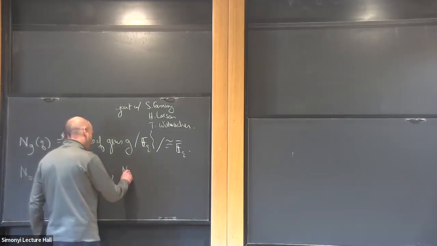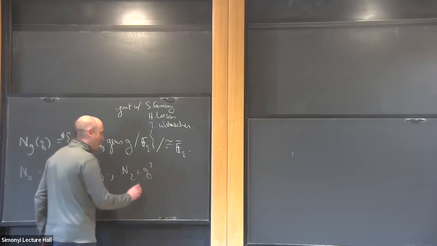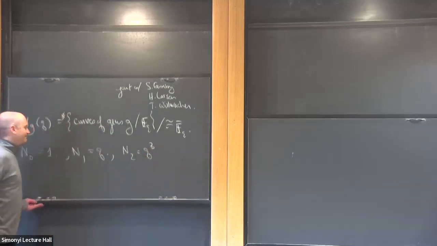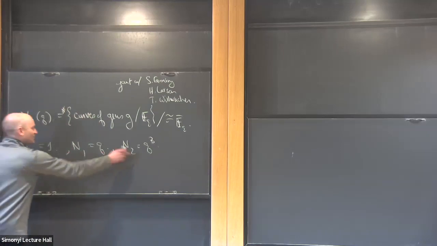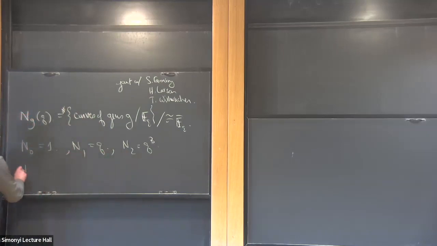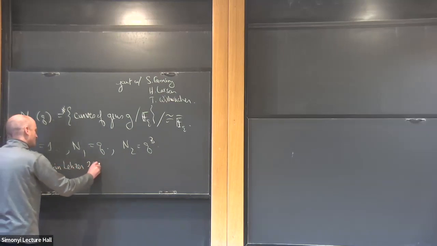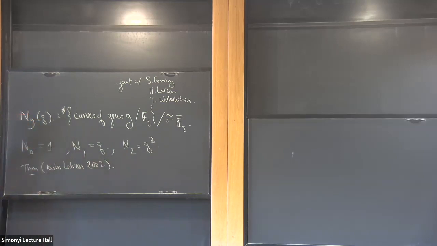And without too much trouble, you'll find that N2 of Q is Q cubed. And these two, N1 and N2, are special cases of a theorem of Mark Kisin and Gus Lehrer from 2002. So you could do the analogous count for hyperelliptic curves.